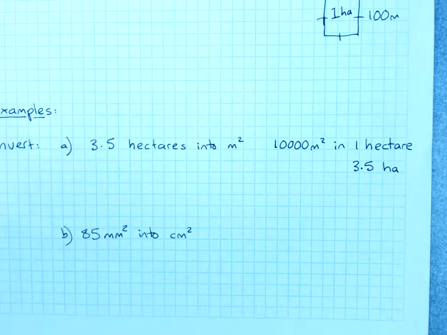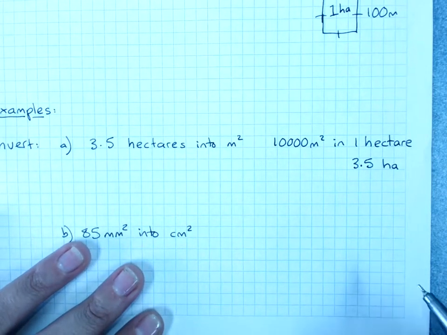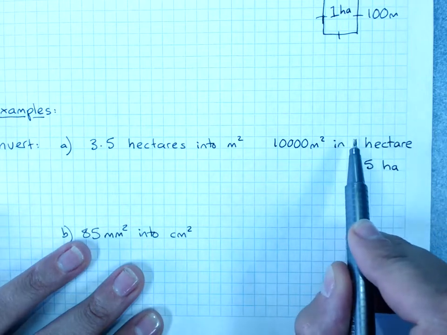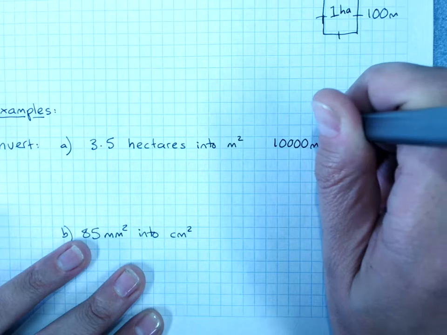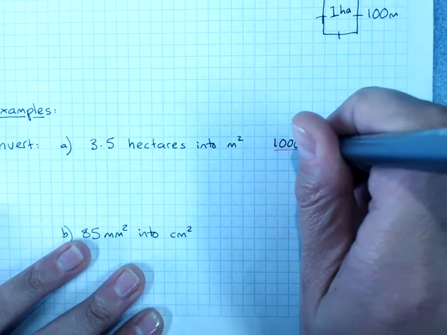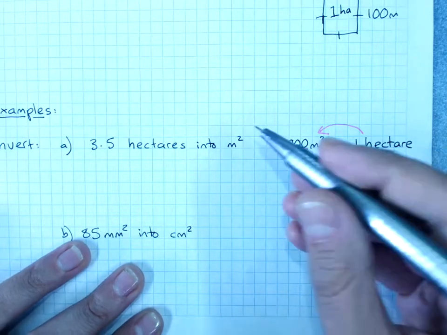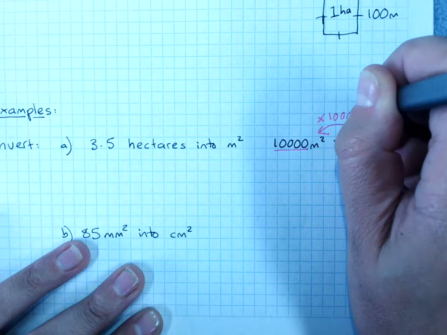Then you've got to work out, am I going to be multiplying or dividing? Ask yourself, to go from hectares to meters squared, from 1 to 10,000, did you multiply or divide? You multiplied by 10,000.